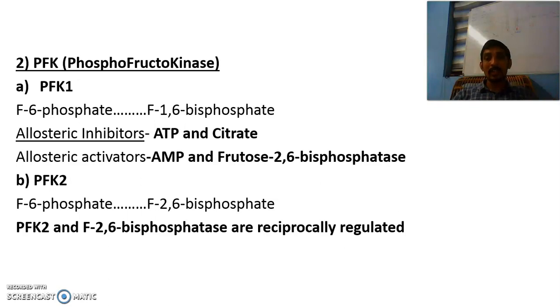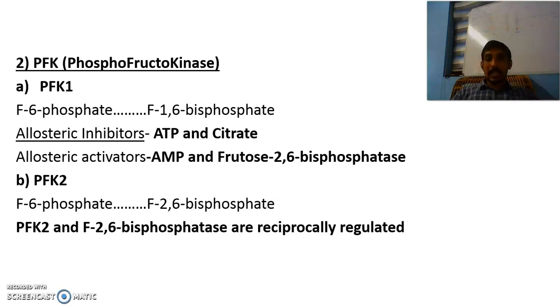Then also glycolysis needs to stop. So ATP and citrate inhibit PFK1, the enzyme of the third step, thereby stopping glycolysis. That process of inhibition is called allosteric inhibition.